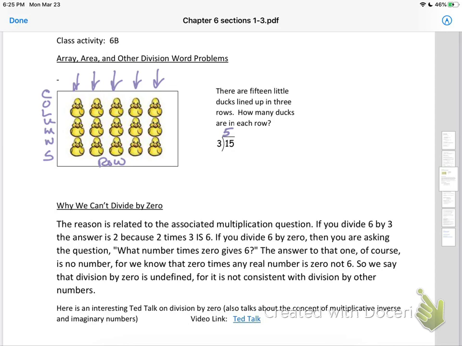So I kind of like the TED Talk because he goes back and talks about the concept of multiplicative inverses and imaginary numbers. Imaginary numbers are kind of beyond our course, but the multiplicative inverse is kind of an interesting way to think about it. So I want you to look at that when you have a second and see if that rings true for you, if that makes sense. So let's go on to the next page.